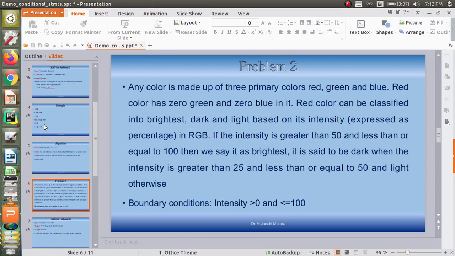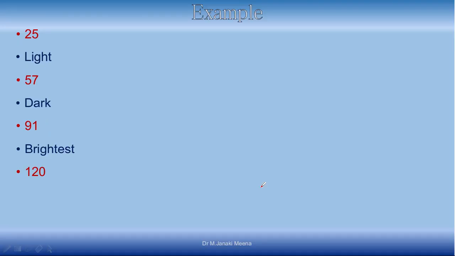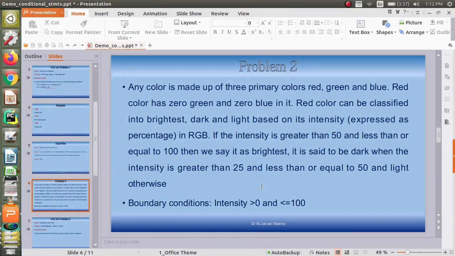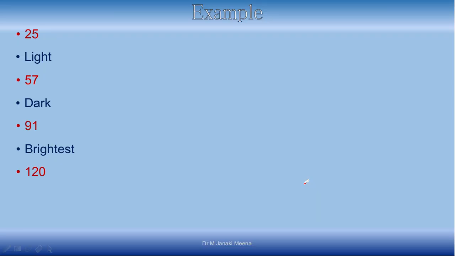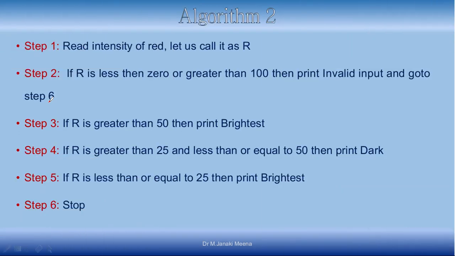Actually 26 to 50 only, greater than 25, should be dark. There is a mistake in the manual writing. 57 should be brightest. So 91 is also brightest, and if I give the value as 120, then it is an invalid input because the value should be only from 0 to 100, right.